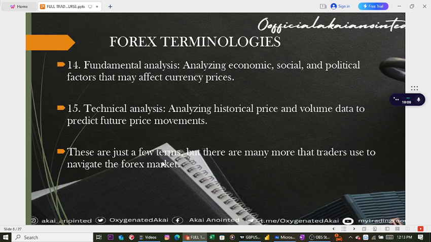So what is fundamental analysis? Fundamental analysis is analysis that you make based on economic, social, and political factors that may affect currency prices, or the price of what you're trading. Economic analysis could be things like central bank resolutions, maybe the central bank governor of a country giving a speech.